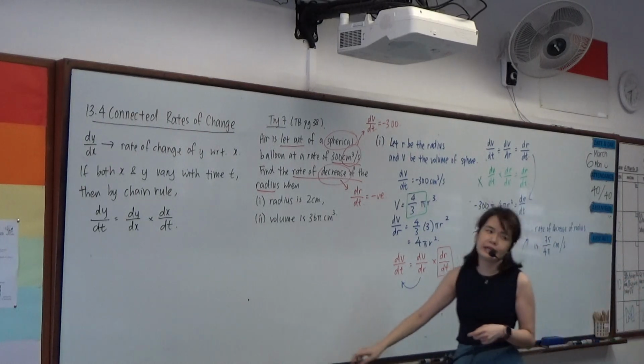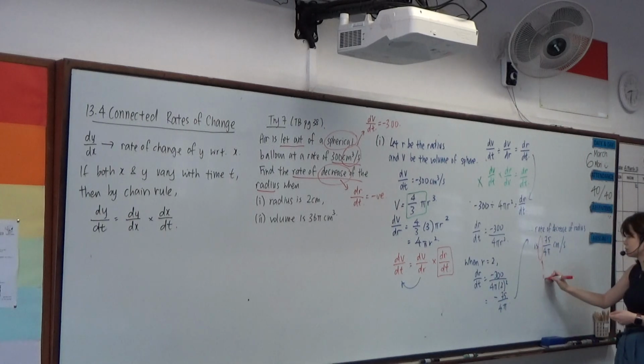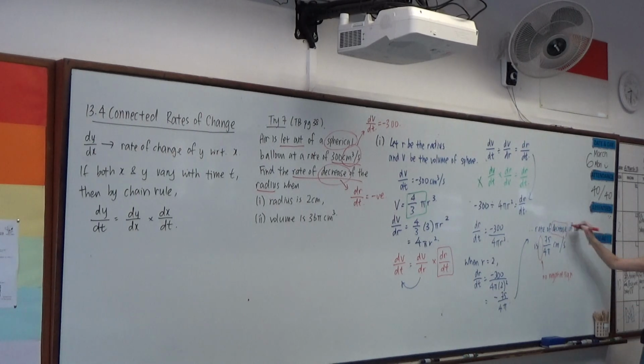You need to drop the negative sign because it is already a rate of decrease. The negative is already represented by the fact that it is a rate of decrease, so you need not put a negative sign anymore.